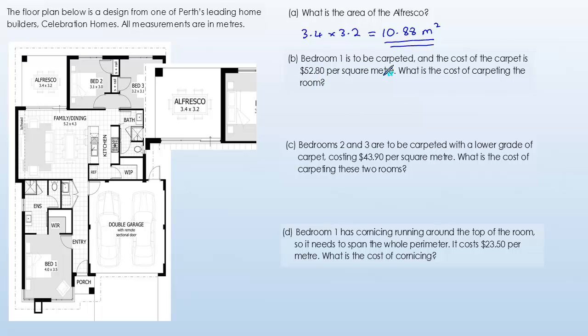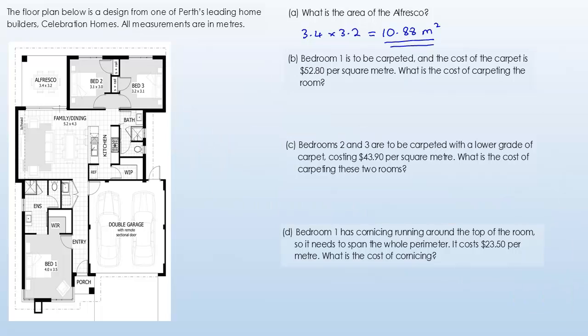Bedroom 1 is to be carpeted, and the cost of the carpet is $52.80 per square meter. What is the cost of carpeting the room? Well, first of all, we want the area. So let's look at bedroom 1.